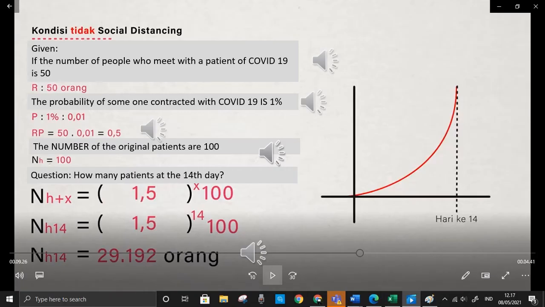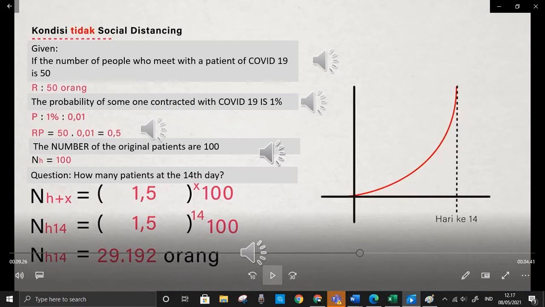Now we have the condition without social distancing. This is the example. If the number of people who meet with a patient of COVID-19 is 50, then r is 50. Then, if the probability of someone contracting COVID-19 is 1%, then p is 1%.